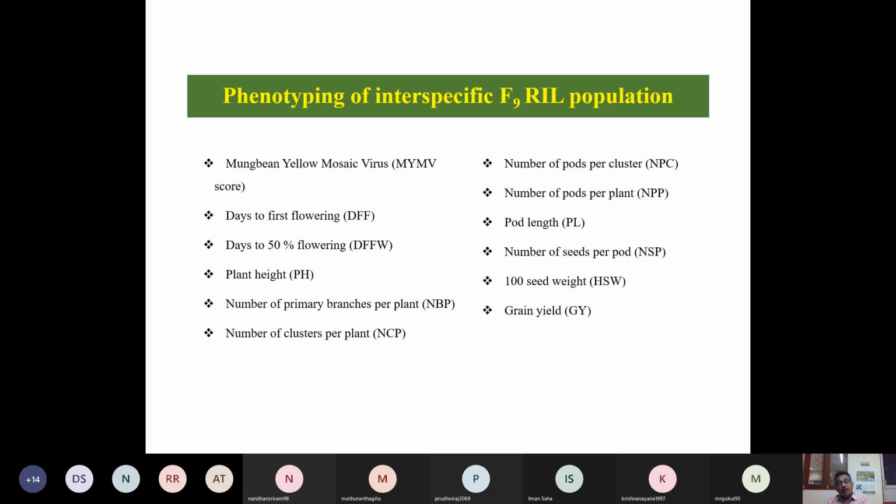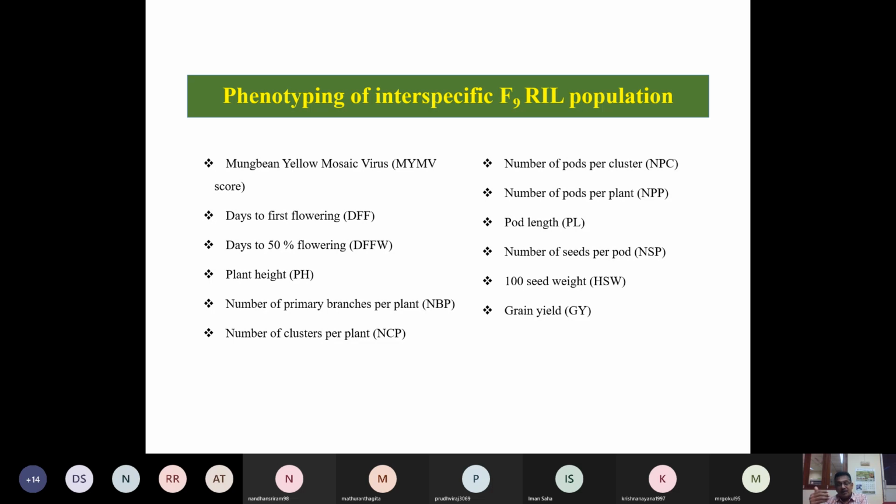So again, when you look at the phenotyping, I told you we phenotyped not only for Mungbean Yellow Mosaic Virus resistance but also for bruchids, which is a seed trait. Apart from that, this is the first SNP-based linkage map, so we want to check all the biometrical traits, the major characters.